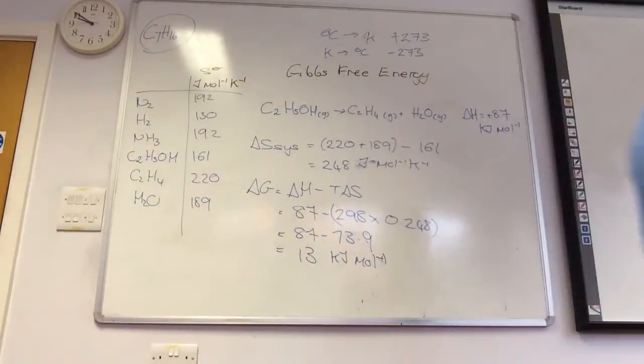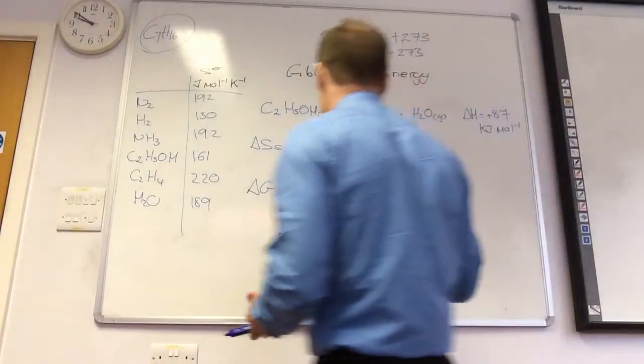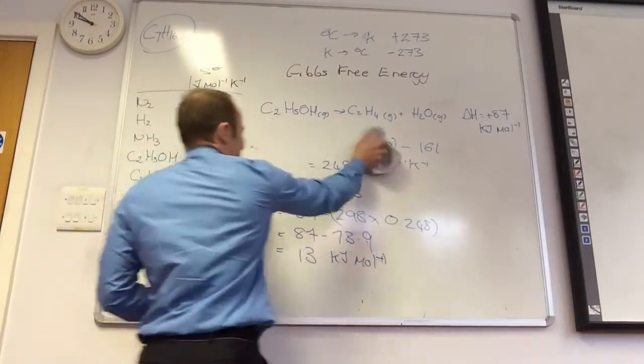So let's find the temperature at which it is feasible, which means I have to set delta G to equal 0.